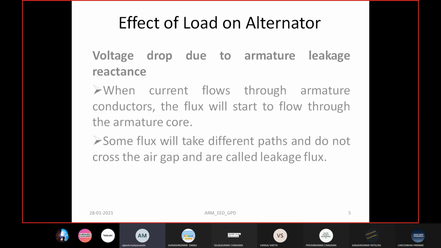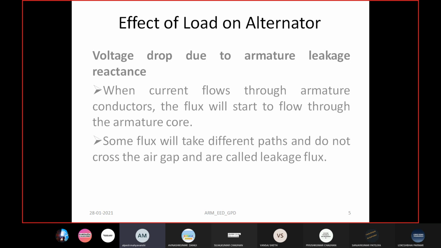Now the next effect is the voltage drop due to the armature leakage reactance. When current flows through the armature conductors, flux is set up and starts to flow through the armature core.